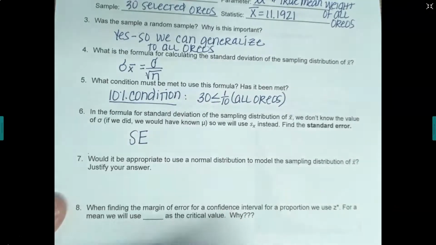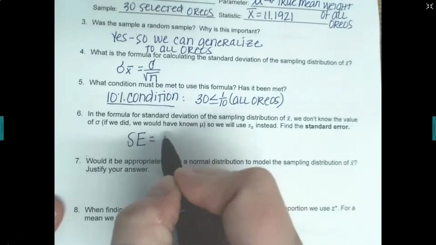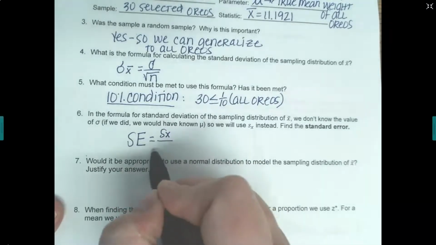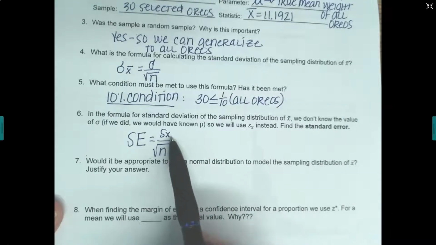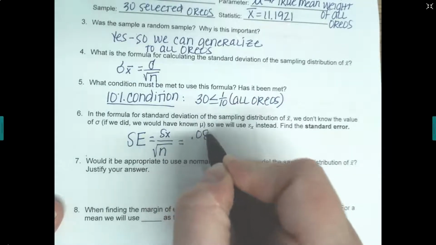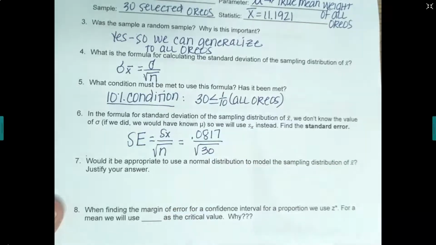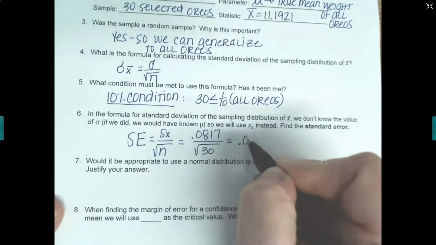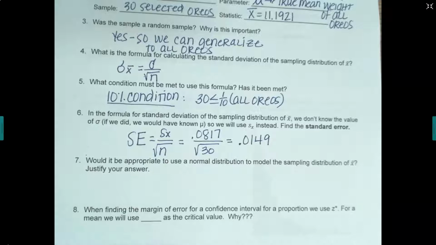The standard error is, instead of the population standard deviation, because we don't have that, we take the sample standard deviation and divide it by the square root of n. So you can see it's the same process, it's just where that number came from. In this case, our sample standard deviation was 0.0817, and we had a sample size of 30, so we divide by the square root of 30, and I got a standard error of 0.0149 when we calculate that out.